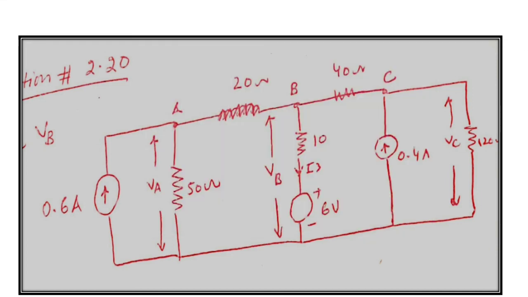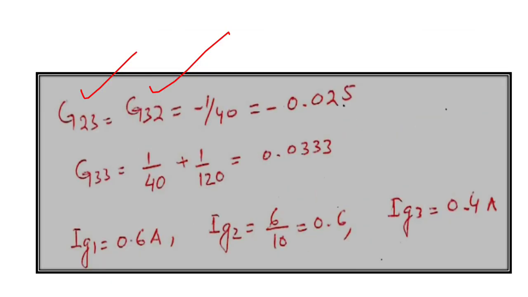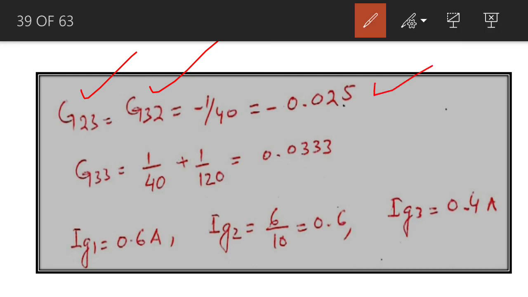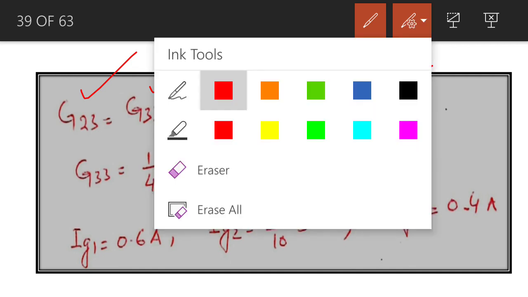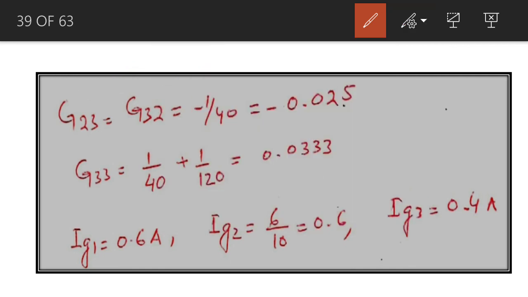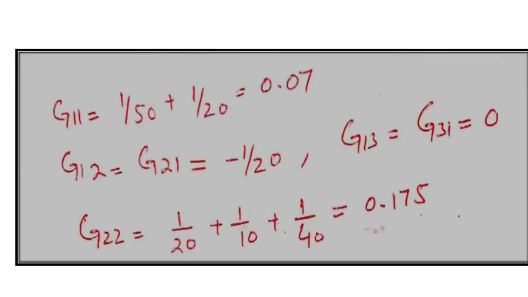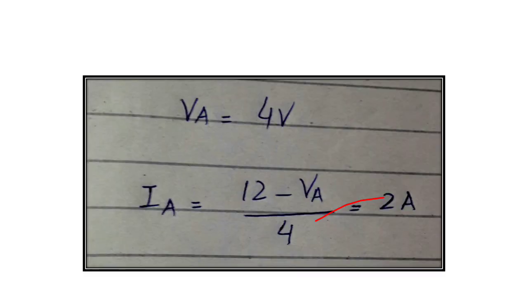So G23, which is equal to G32, is minus 1 over 40, and minus 1 over 40 is minus 0.025. For G33, we consider all the resistors which have been connected to the third node, and you will see that only 2 resistors have been connected to the third node.